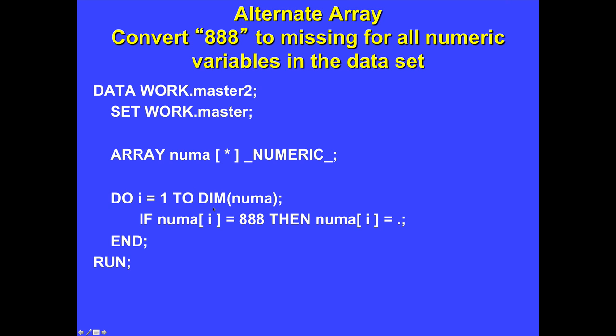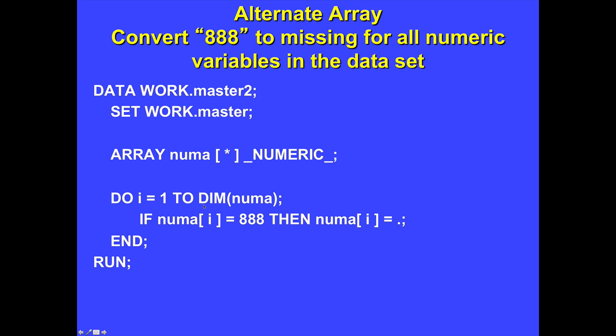you can specify a dim option, which is short for dimensions, and then in parentheses specify the name of the actual array. So what this basically does is it will go through an iteration starting at the first element of the array stated, and it will go all the way up to the last element, and the last element is determined by SAS when you use the dim of num_a.